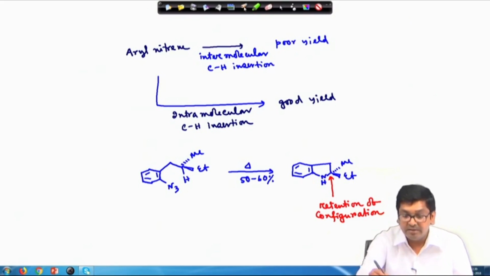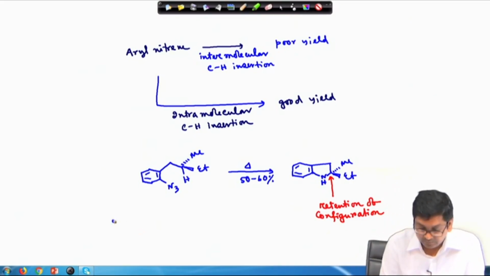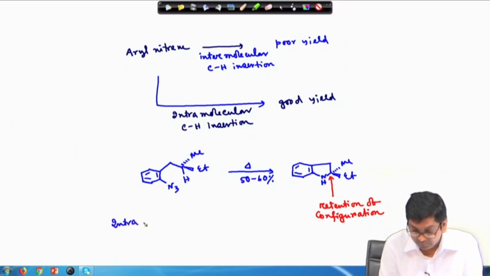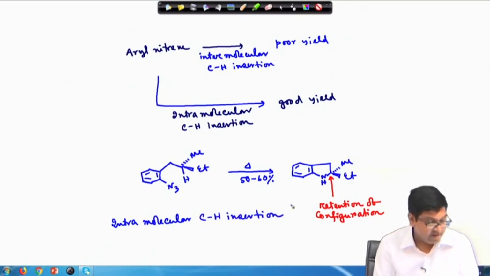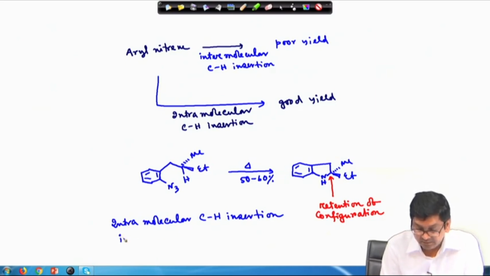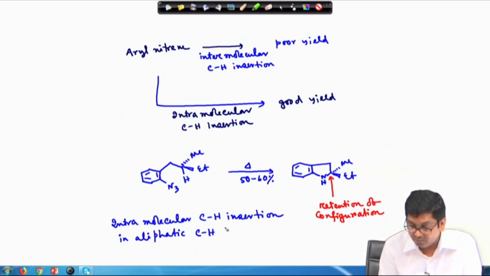So, the intramolecular CH insertion in aliphatic carbon hydrogen bond.